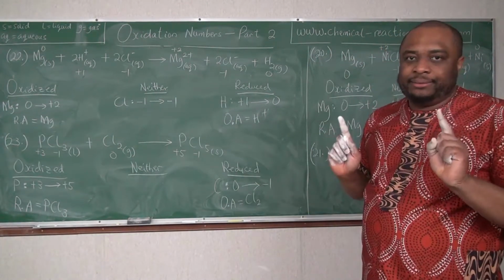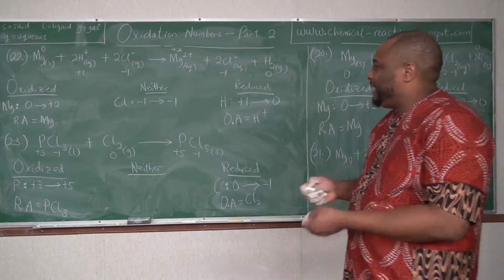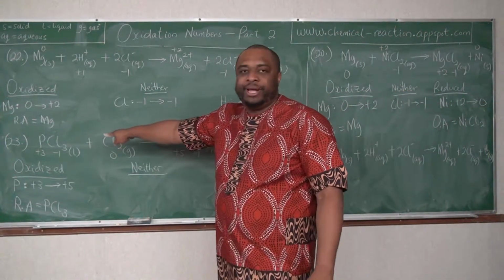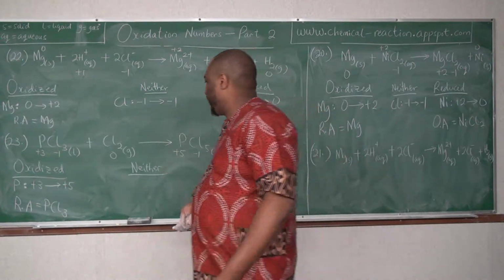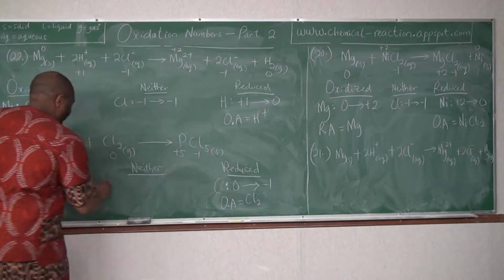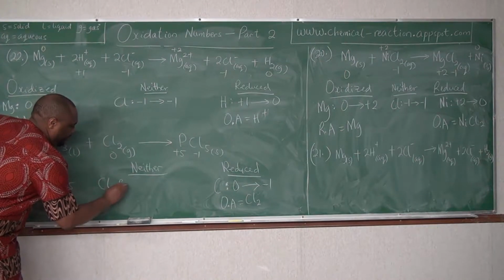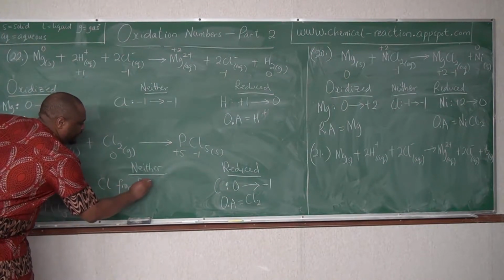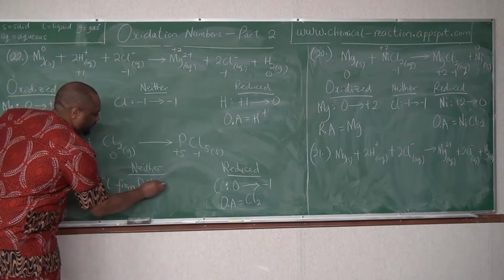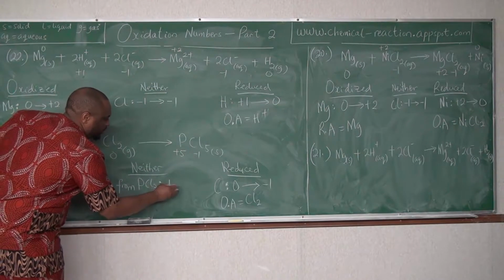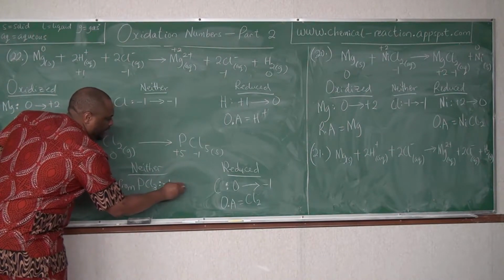Then neither will be the chlorine from the phosphorus 3 chloride. Nothing happened to it. So the chlorine from phosphorus 3 chloride is neither, because it is from -1 to -1.